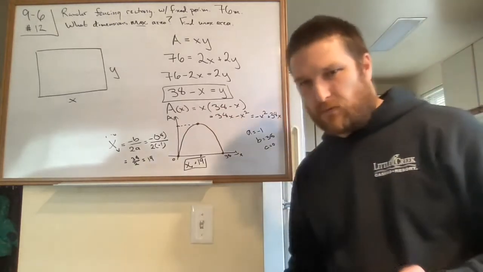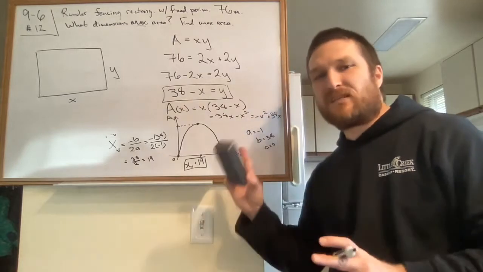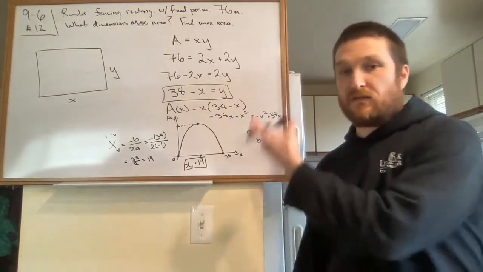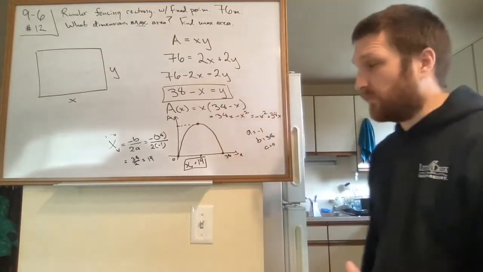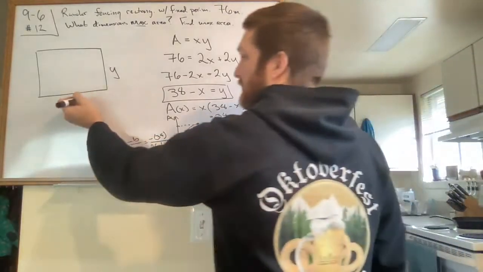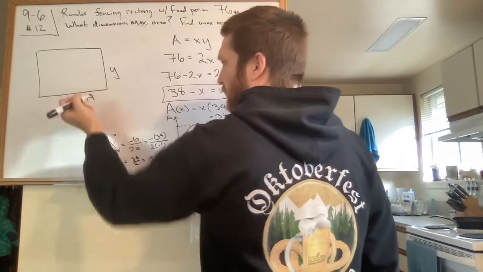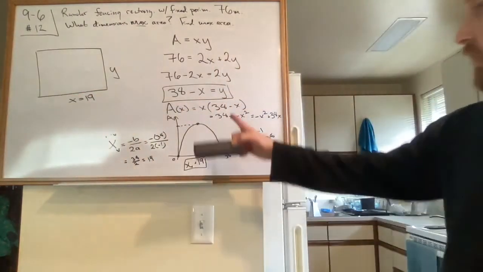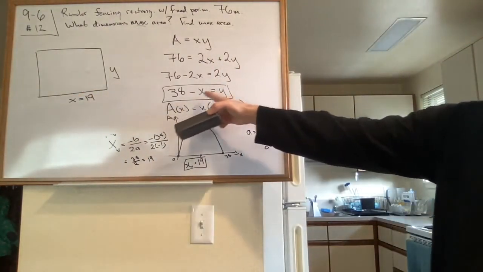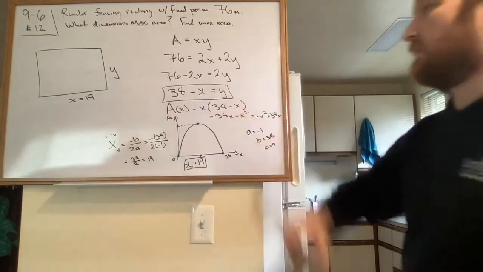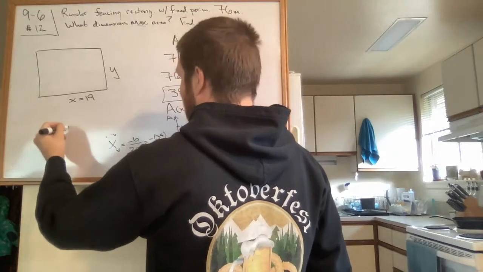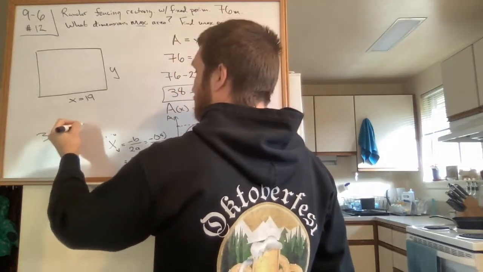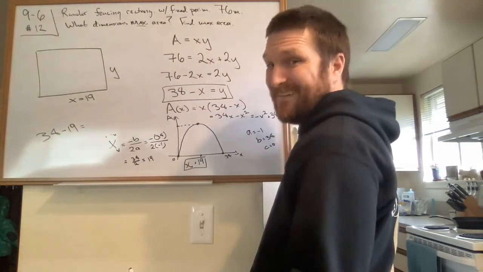A bunch of ways we could approach this now. Since it says to find the max dimensions, let's just go ahead and find those, and then we'll check it by just multiplying it out, right? It says that x needs to be 19, okay? Well, we have a formula for y. It's 38 minus 19, and that should be 19, right?